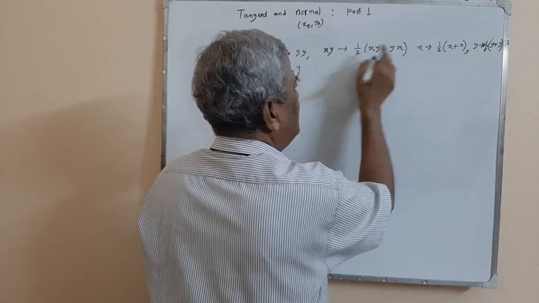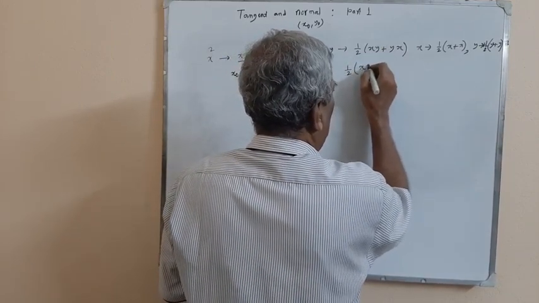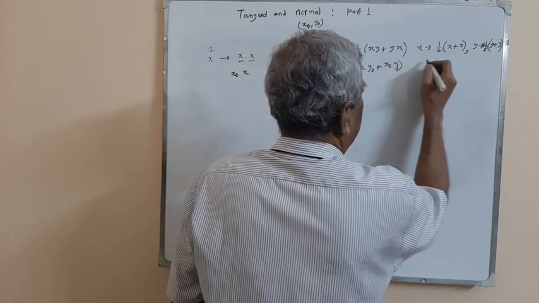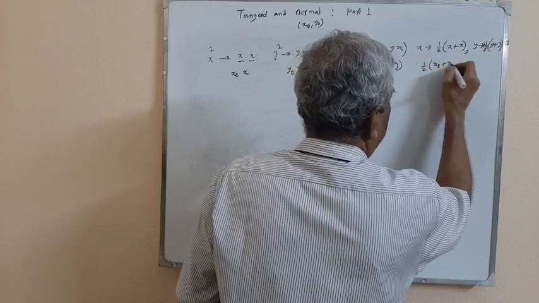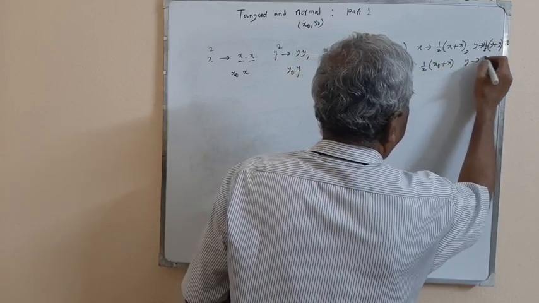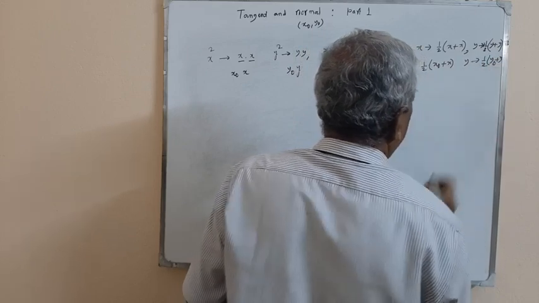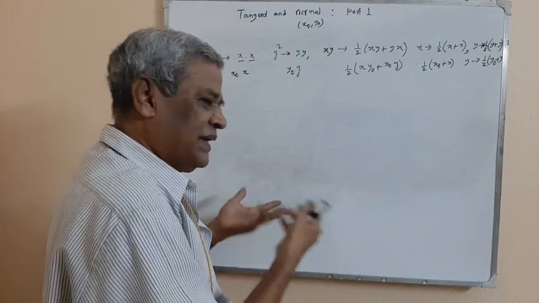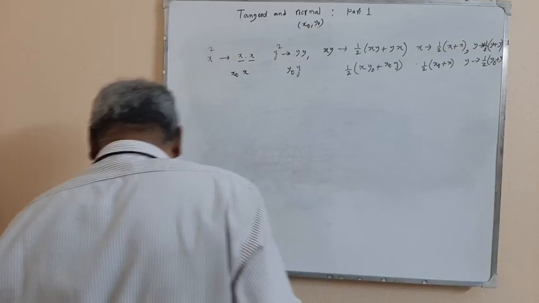Similarly, xy by half of x y0 plus x0 y. x to be replaced by half of x0 plus x, and y by half of y0 plus y, and by that operation we can find the equation of the tangent at that point.